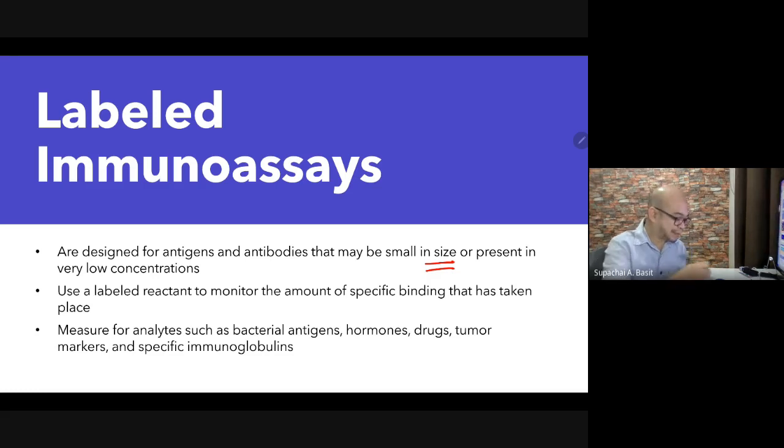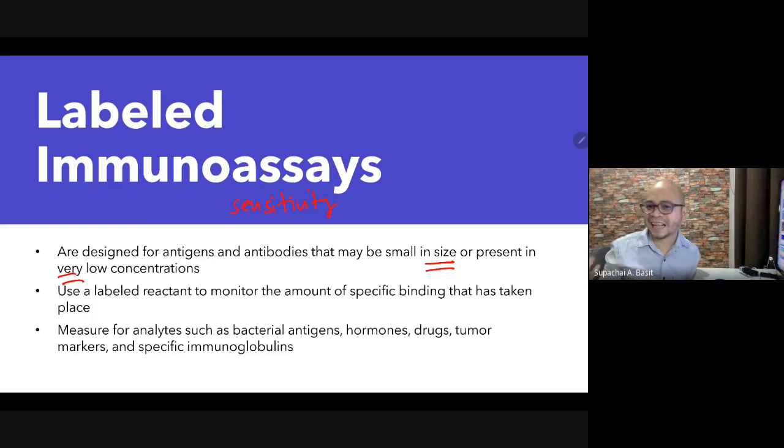For us to be able to measure them even in a very low concentration, that talks about sensitivity. A highly sensitive method would have the ability to measure and analyze even if they are present in a very small size or very low concentration.